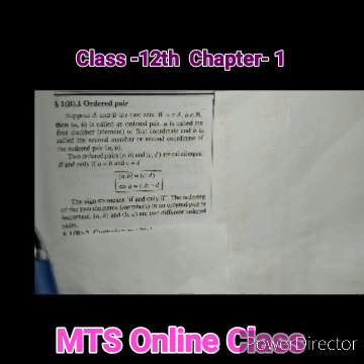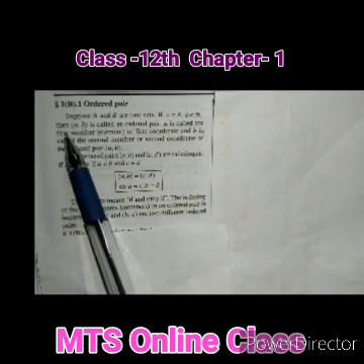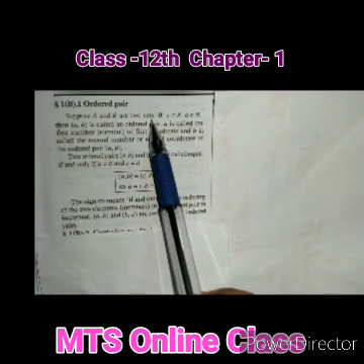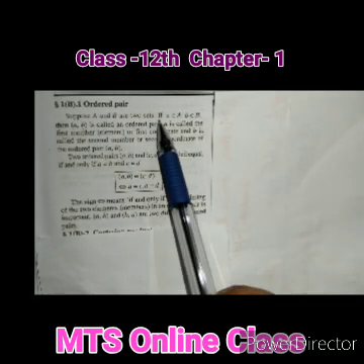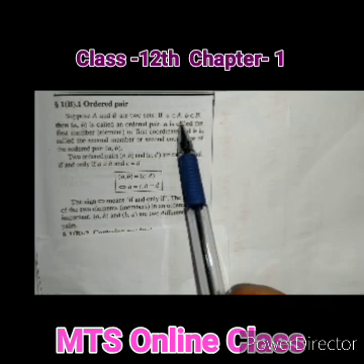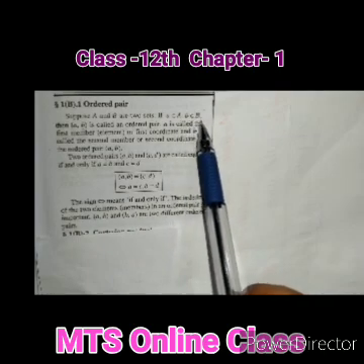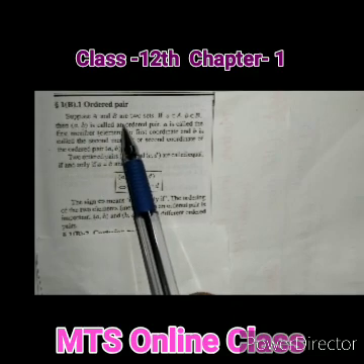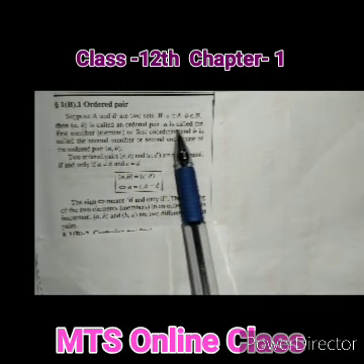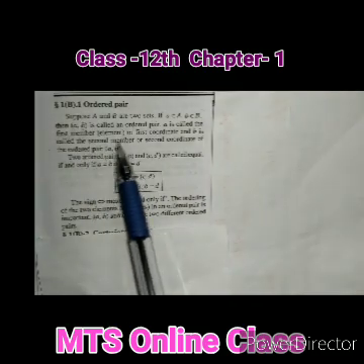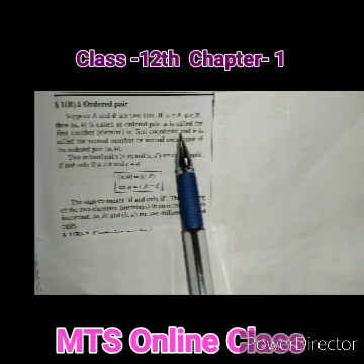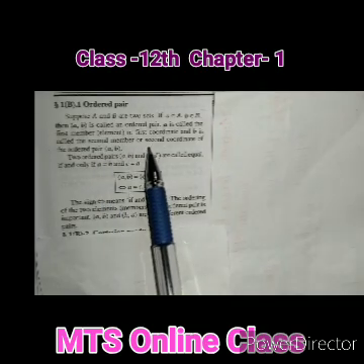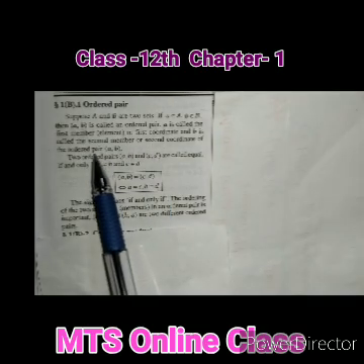Next, ordered pair. Suppose A and B are two sets. If a belongs to A and b belongs to B, then (a, b) is called an ordered pair. a is called the first element or first coordinate, and b is called the second member or second element of the ordered pair.